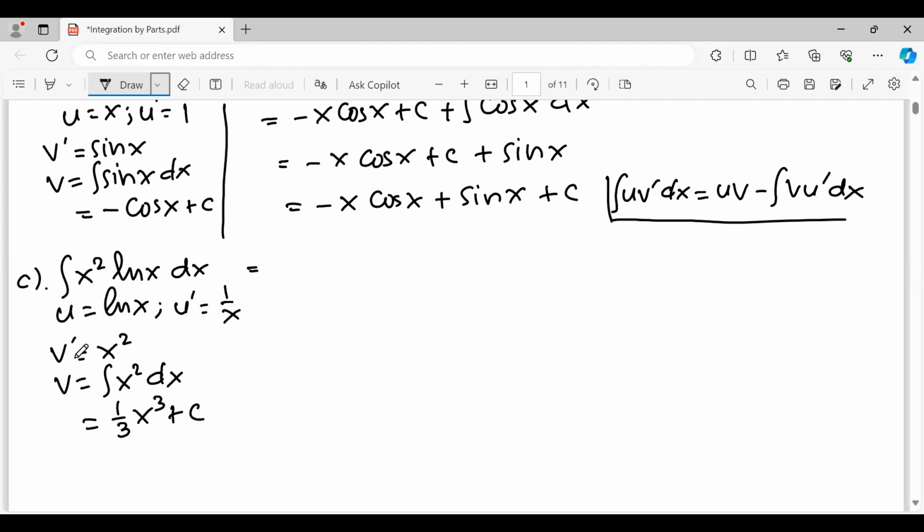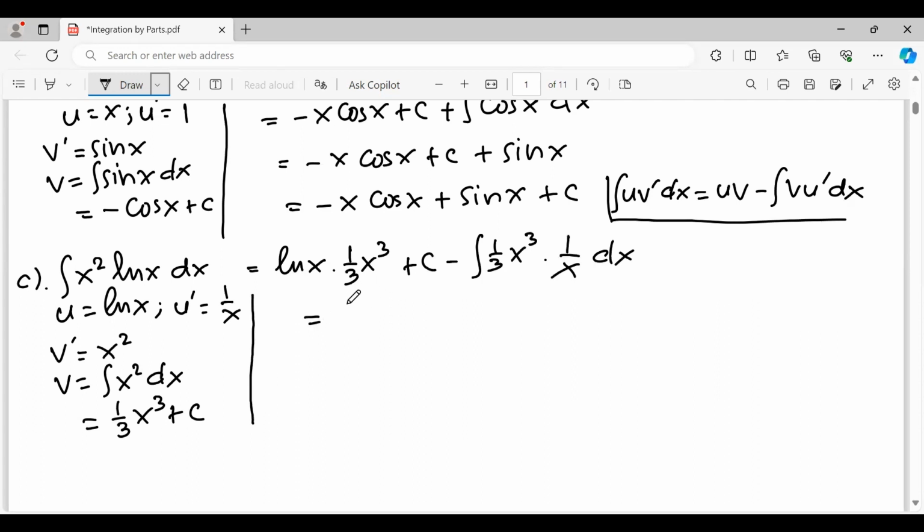So u times phi is ln x times 1/3 x cubed plus c, minus integral phi, 1/3 x cubed, times 1 over x, this derivative u, dx.